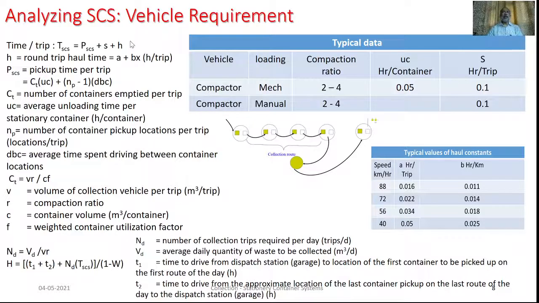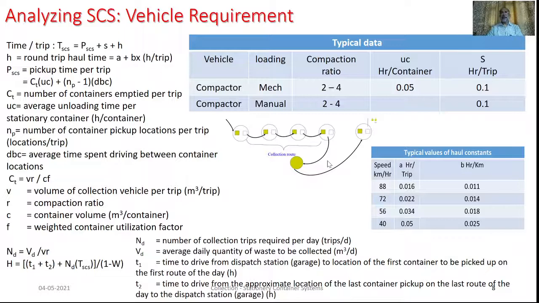These haul times are a function of the speed of that particular vehicle as well as the distance of that particular destination point from the collection point and associated factors. This haul time can be expressed as A plus Bx, which is expressed as hours per trip.